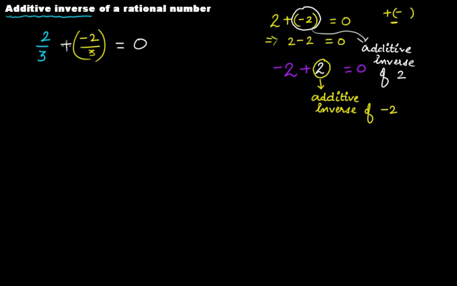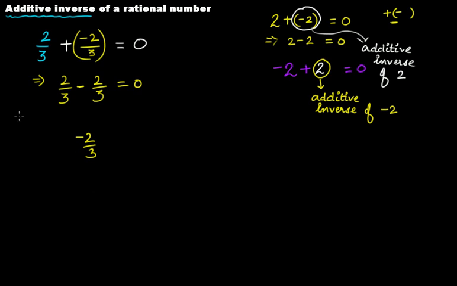Plus sign outside the bracket, inside the bracket you have minus sign. This becomes 2 over 3 minus 2 over 3. Therefore, this comes as 0. Therefore, if your rational number is 2 over 3, then the rational number minus 2 over 3 is actually additive inverse of 2 over 3.